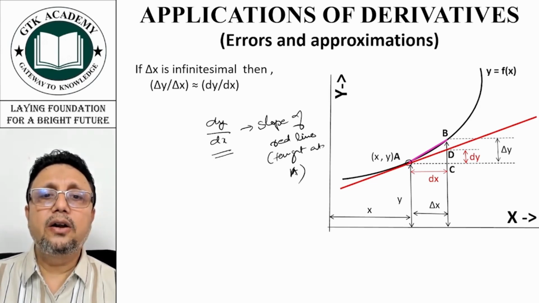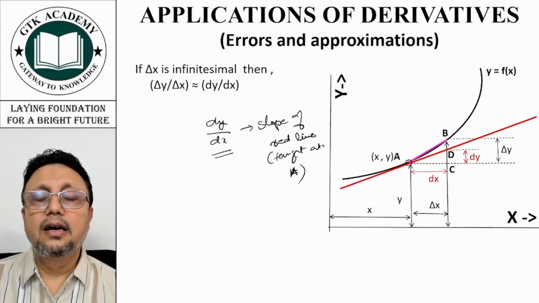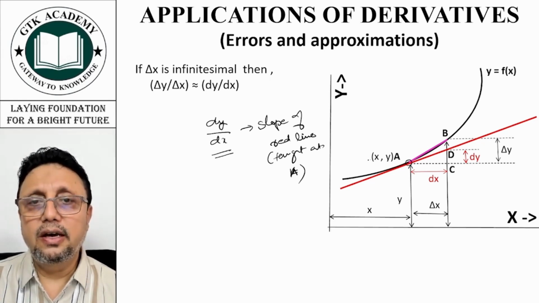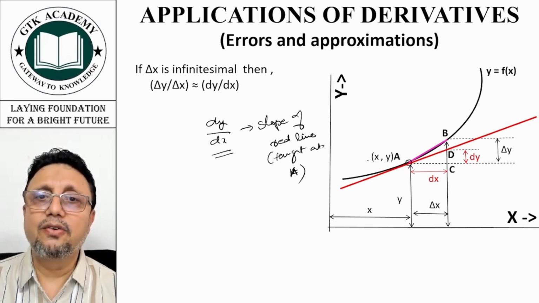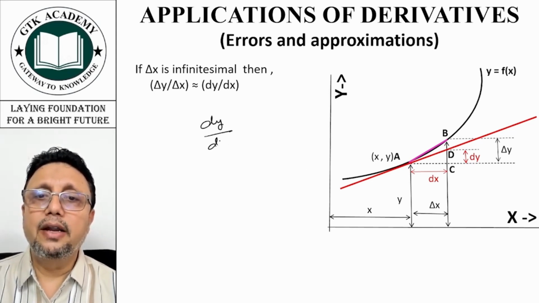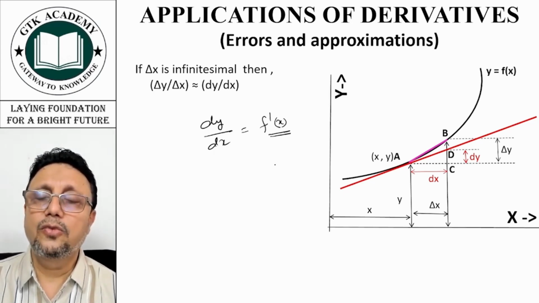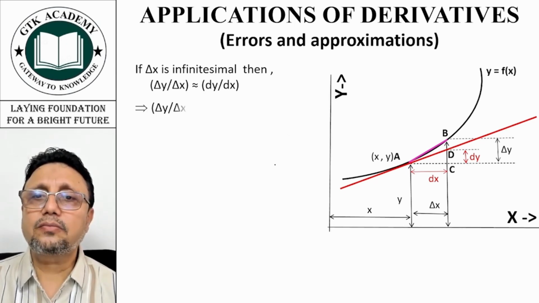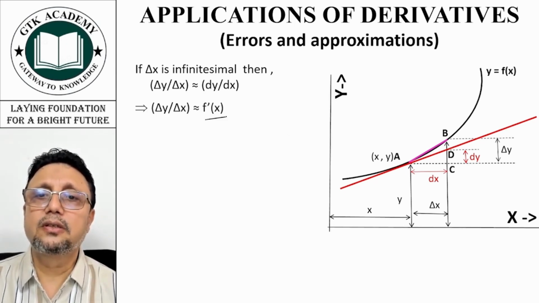Now we already told that the slope of tangent at any point on the curve is the derivative. That means dy upon dx is equal to derivative of function at A. So we can write like this. Hope I am clear.